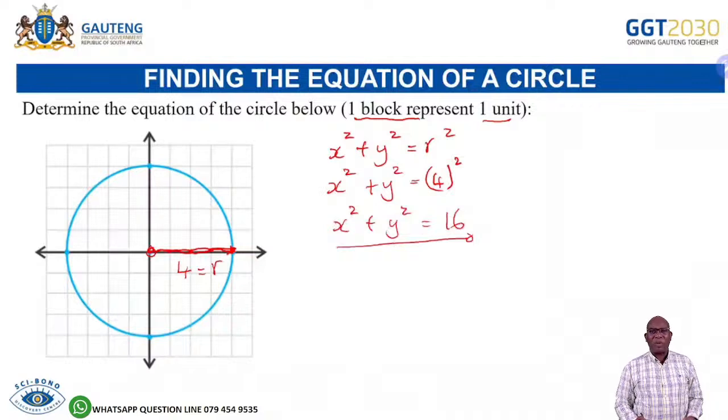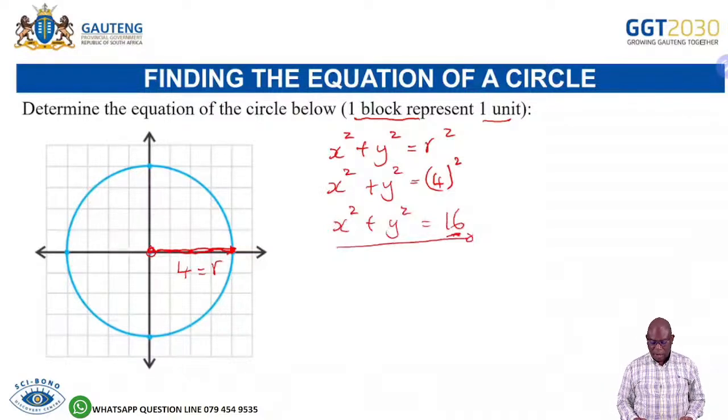And that's exactly what we'll be doing throughout. If I need the equation of the circle, I'll have x squared plus y squared equals r squared, and from the r squared I can get the equation of the circle. Remember, this is r squared, not r, so we must treat it as such.